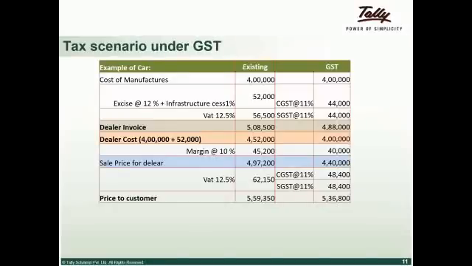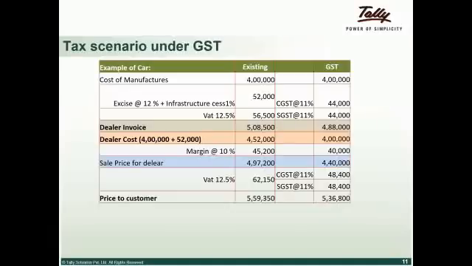So for simple understanding, if the GST rate is 22%, then CGST will be 11%, SGST will be 11%. So on 4 lakh rupees, CGST at 11%, 44,000, is charged, and you will notice here that SGST is charged on the base price. It is not base price plus CGST. So both CGST and SGST are 44,000. Now tax on tax is eliminated.